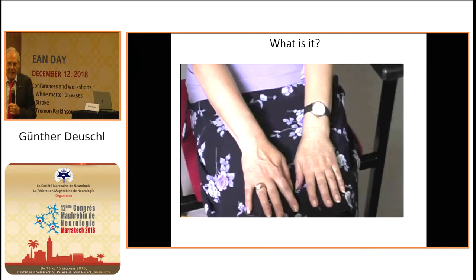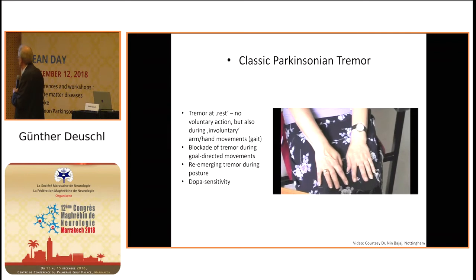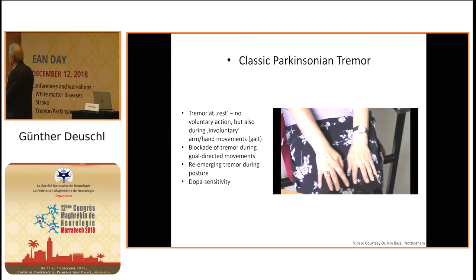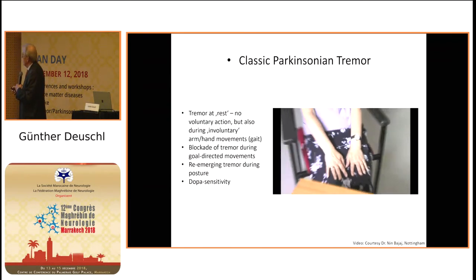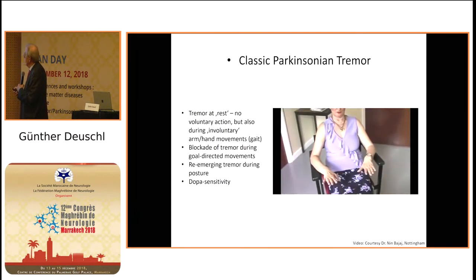Yes, re-emerging tremor is the correct term. It is a tremor that is present during rest, stops when you move the hand, and comes back. But the important thing is really the suppression before a patient moves. So it is a tremor at rest, not during voluntary action.